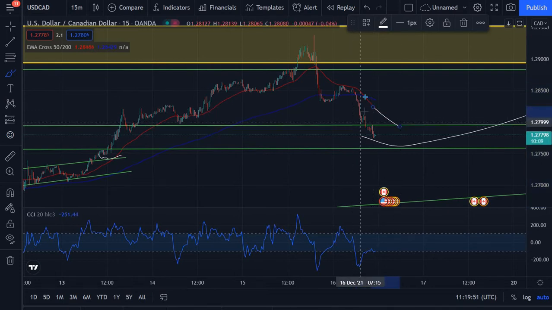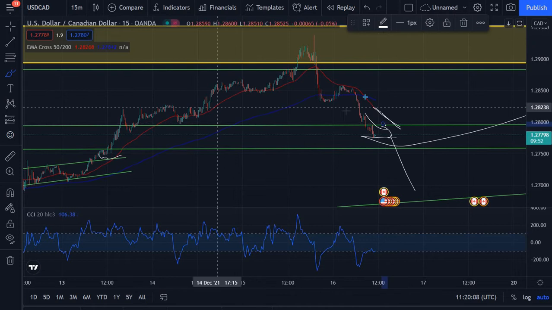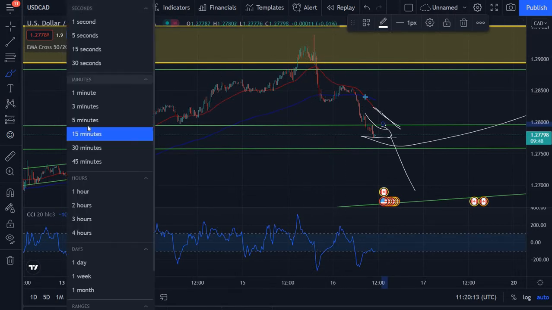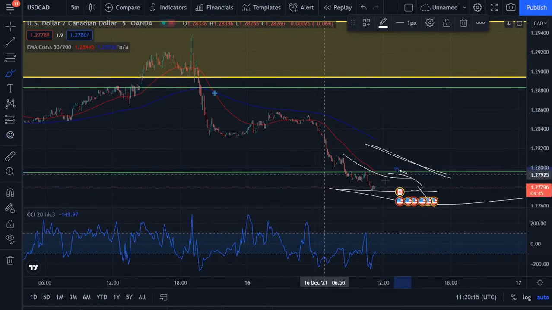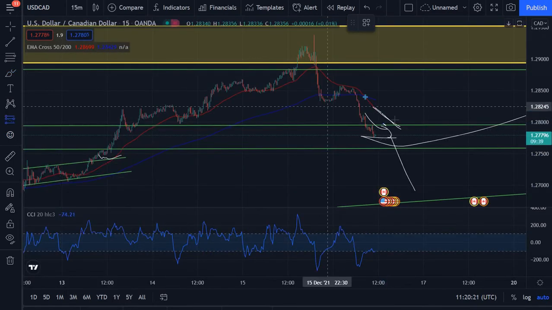So if we here can see some kind of pattern like a triangle or a wedge that reaches close to the 50 EMA, then I would look for a breakout to the downside and then take the short with a smaller stop loss around here somewhere, and not all the way up to the previous highs. So this here would be the trade to take for USDCAD.